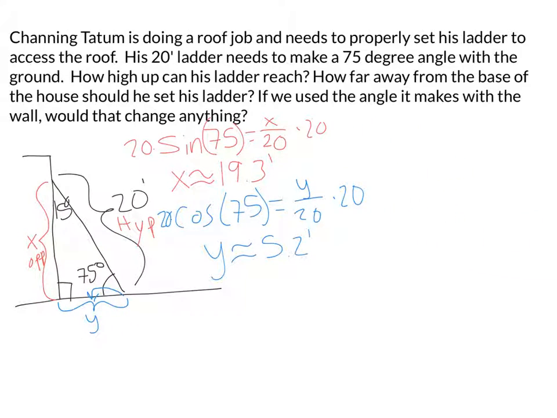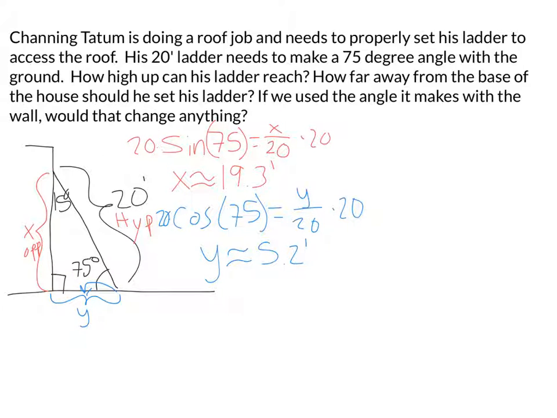Okay, so we got 15 degrees up there. If I use that as my angle, and I want to solve for one of these, let's say I want to solve for the y. Y, rather than being my adjacent side, if I'm looking at it from the 15-degree angle, it's my opposite side.